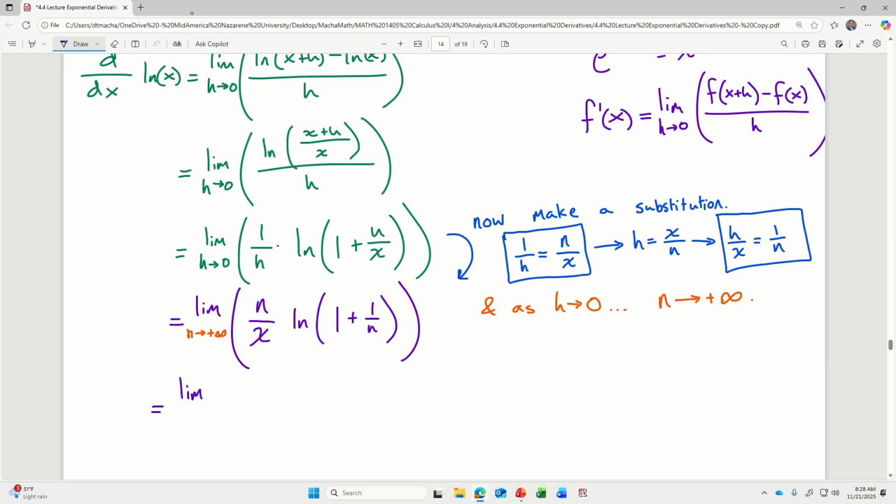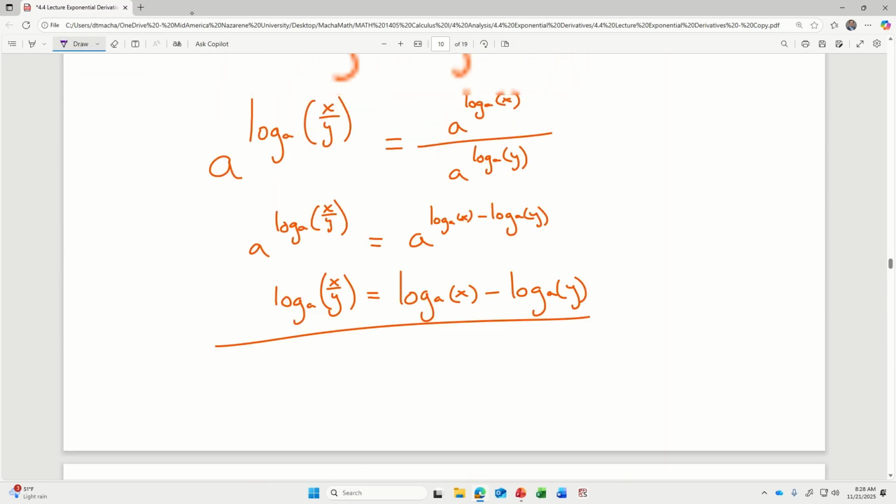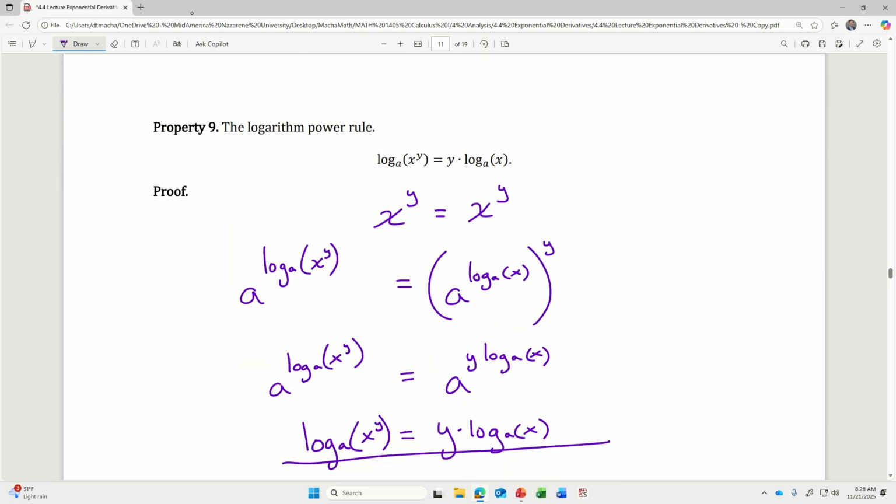So now I'm going to use a property of logarithms again. We love our properties of logarithms. And this time, where I'm multiplying this entire logarithm by n, I can use that logarithm power rule. I'll scroll up so you can see it. I'm going to use this.